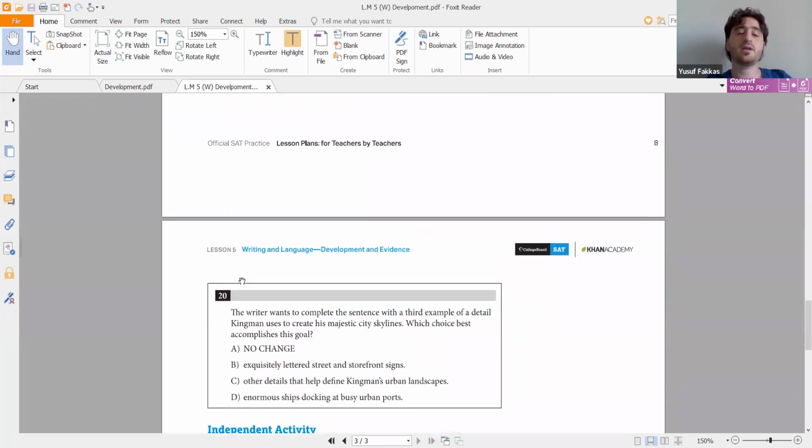Now, I need you to read question number 20 and just tell me the type of this question. Is it about proposition, main idea? Is it about support? Is it about focus? I need one of these three elements: support, focus, or proposition.